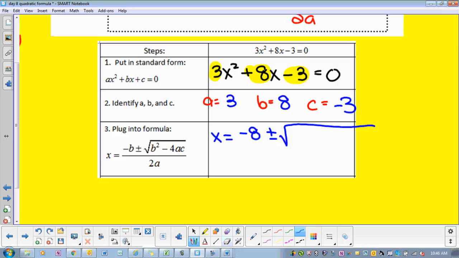So your b is 8. Put that in parentheses, then square. Minus 4, a in parentheses, c in parentheses, all over 2a. Okay?